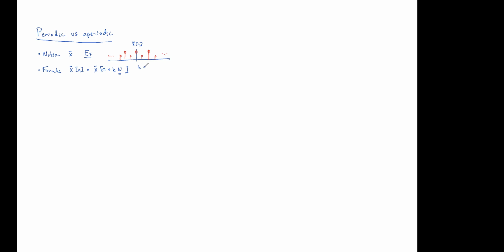So k is any integer and n is its period. And all it's saying is that this thing has a period. In general, it has a period of n. This particular one has n equals 2. I promise that the rest is simple.